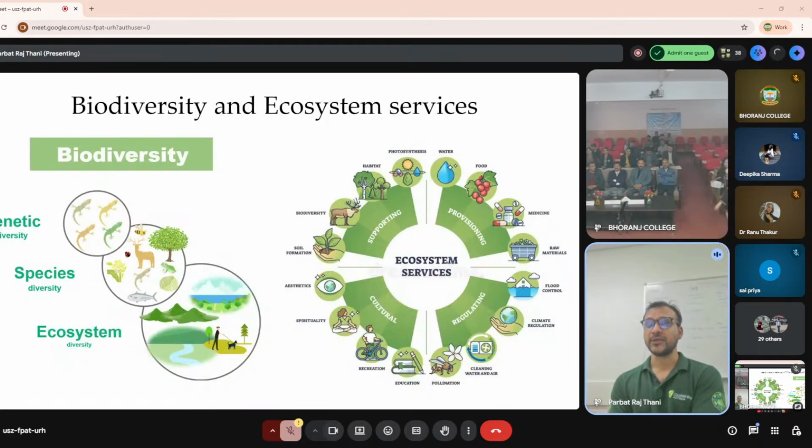Whether we are developing forest as a community forest, joint forest management, or even national forest, they all bear these kinds of supports. What type of services do we get from forest? There are provisioning services, regulating services, cultural services, and supporting services.